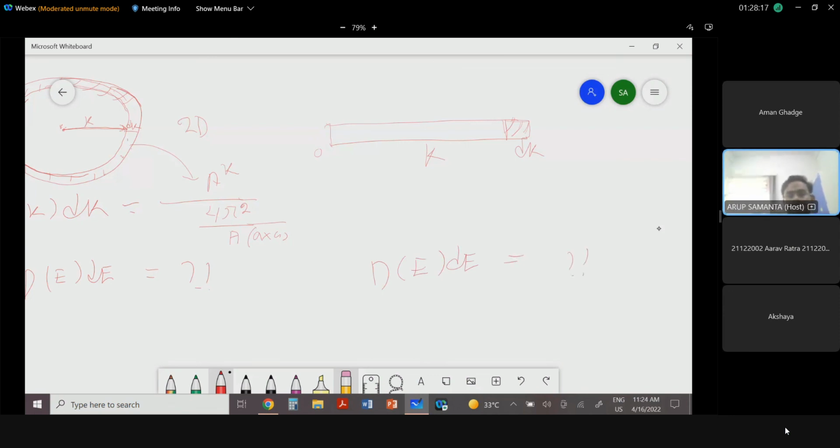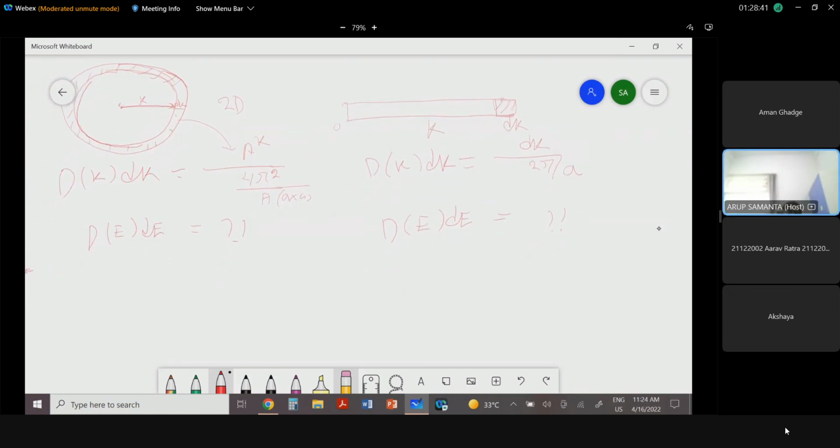Giving some hints: dK equals here K. This is dK, the length is dK only, divided by 2 pi by length per unit. This is the calculation. So from here calculate these two values. This is your homework.